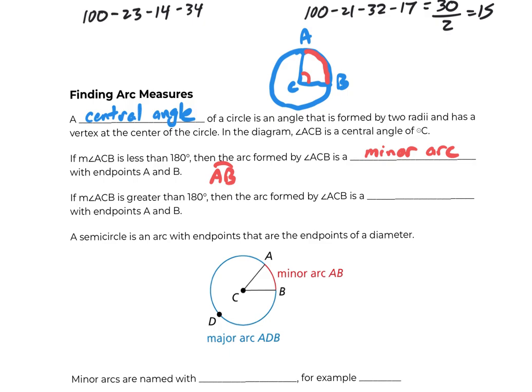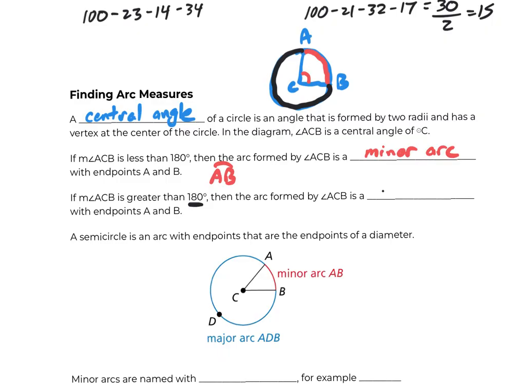But then I could go the opposite direction. I could start at A and go around the circle the opposite direction. And that arc is obviously bigger than the smaller one. It's bigger than 180 degrees. So a minor arc is going to be less than 180.